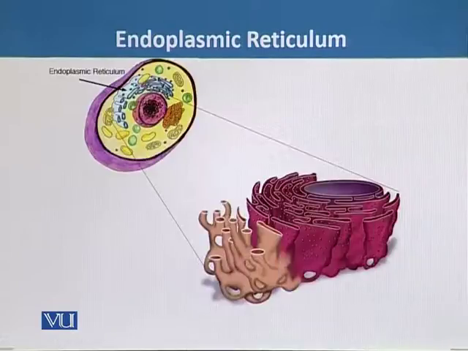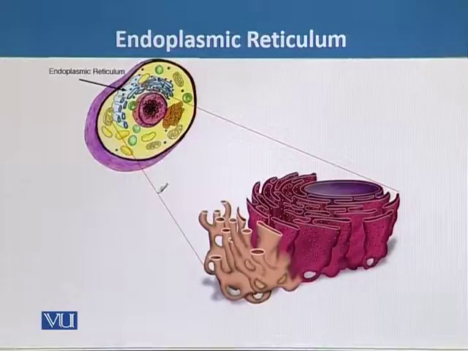And some of the ribosomes are attached to the endoplasmic reticulum. So the endoplasmic reticulum is divided into two. One is the rough endoplasmic reticulum. Here we can see the membranous structure of the endoplasmic reticulum, and we can see the small particles on the endoplasmic reticulum.